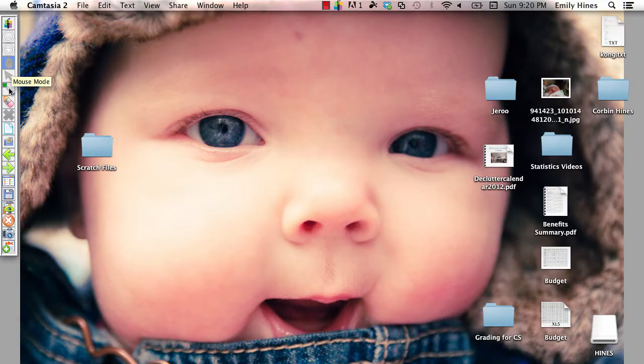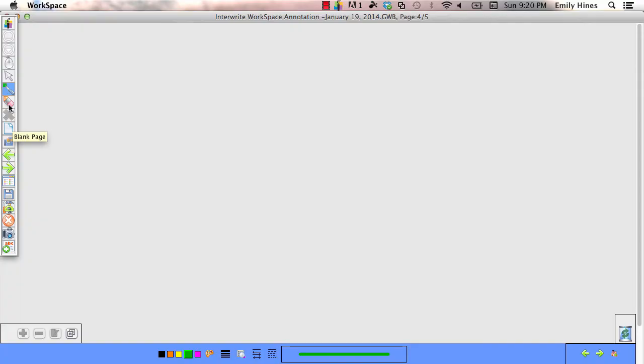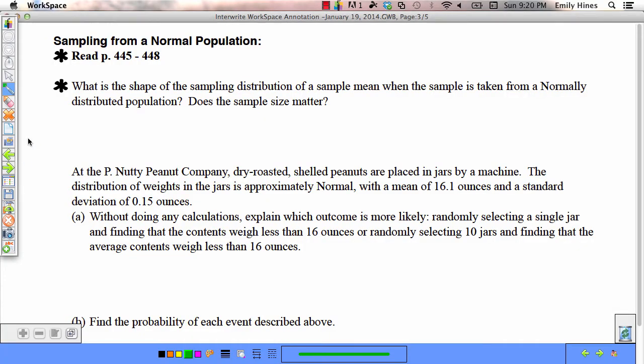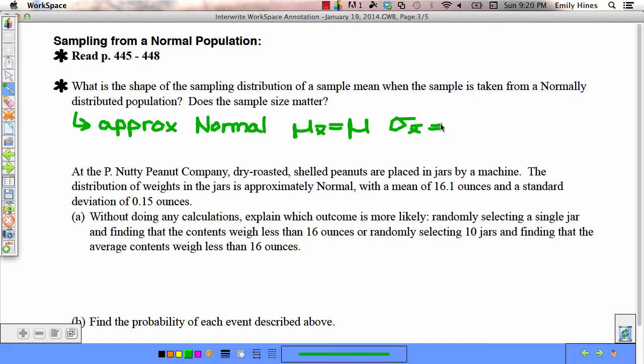And your sample size doesn't matter if your population is normal. So our shape, if our population is normal, is going to be approximately normal with a mean equal to the population mean and a standard deviation equal to the standard deviation divided by the square root of the sample size. And does sample size matter? Not if your population is normal.